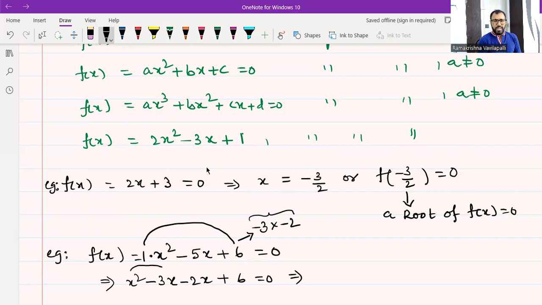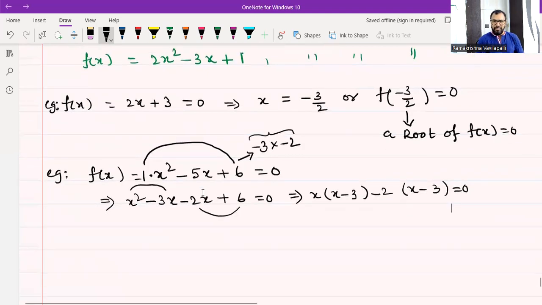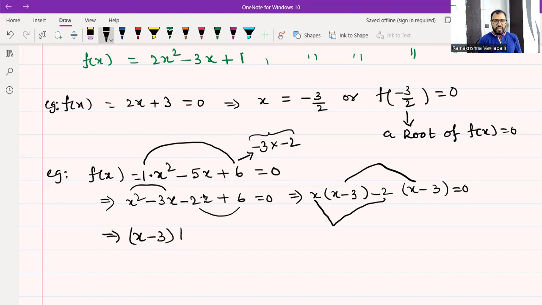So, you take x common, x into x minus 3. You take minus 2 common, then you will have x minus 3 equal to 0. Now further we can take x minus 3 common. So x minus 3 into, now here x is left, here minus 2 is left. So I can write x minus 2 equal to 0. This implies either x equal to 2 or 3.